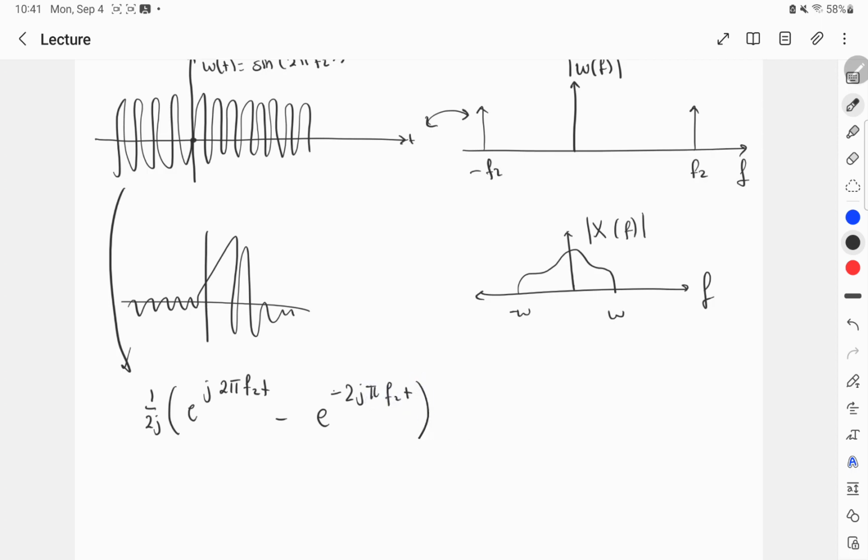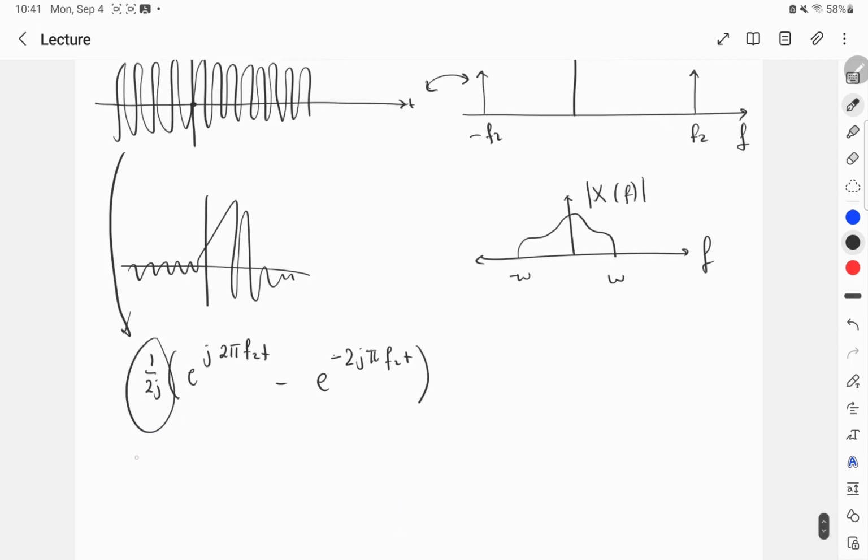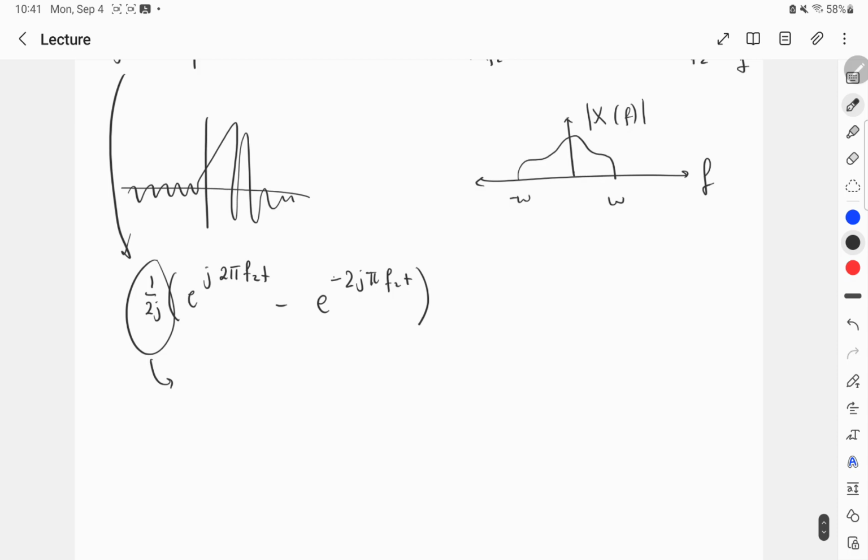And I will write this expression a little differently by multiplying both the numerator and denominator by j, and it will give us minus 1 over 2j, and this one can be represented in polar coordinates as e to the power minus j pi over 2. Let me show you here the reason.